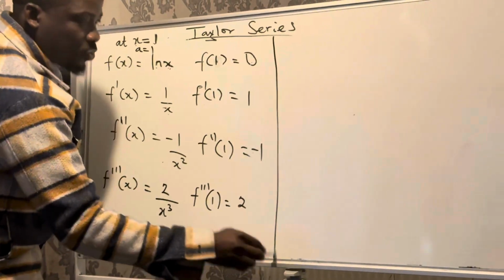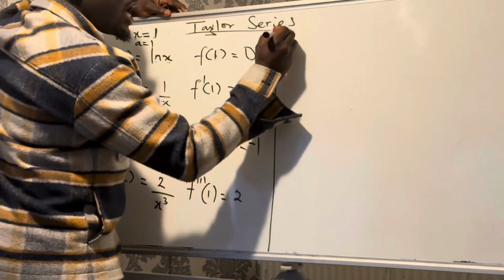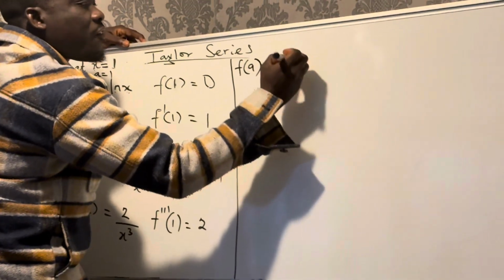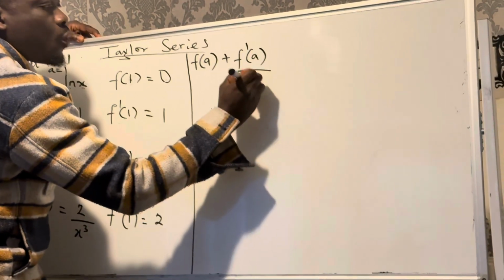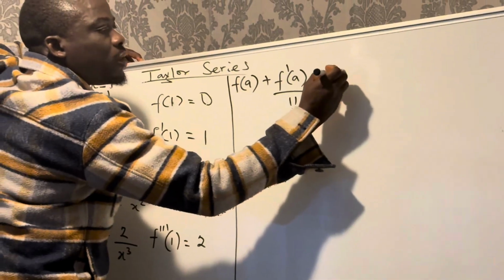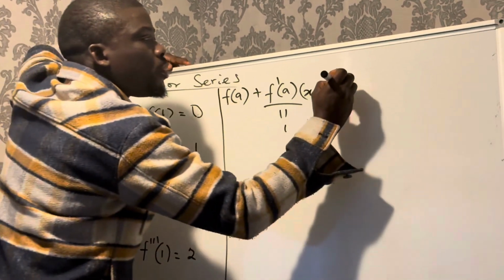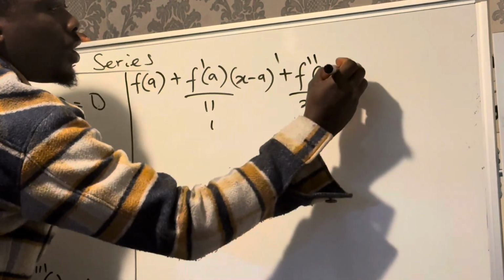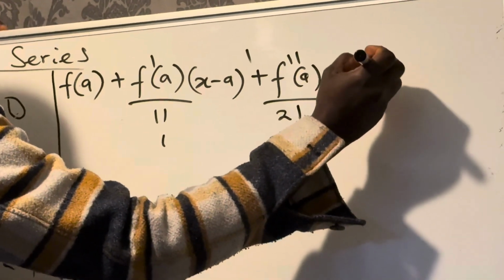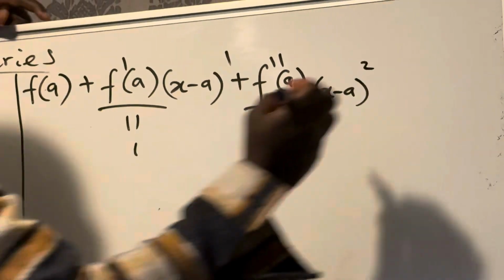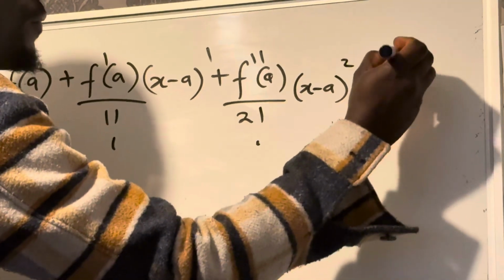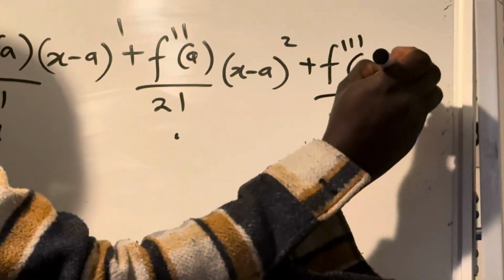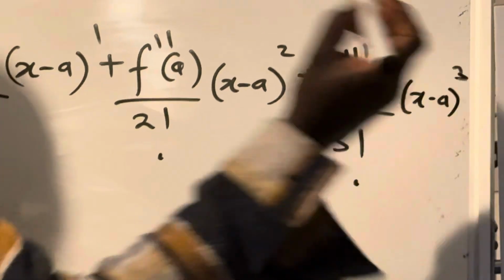Now, using Taylor series expansion, we have f of a plus f prime of a over 1 factorial times x minus a raised to power 1, plus our second derivative of a over 2 factorial times x minus a raised to power 2, plus our third derivative of a over 3 factorial times s minus a raised to power 3.